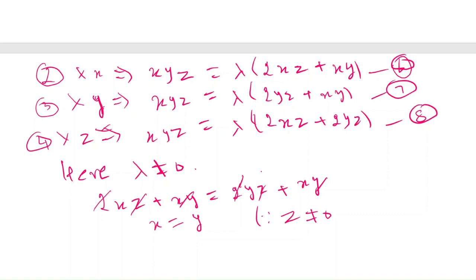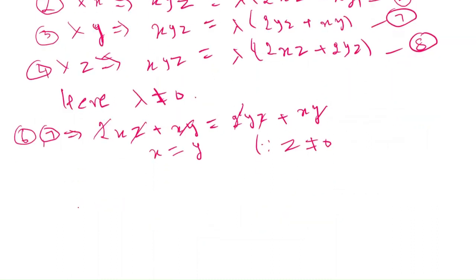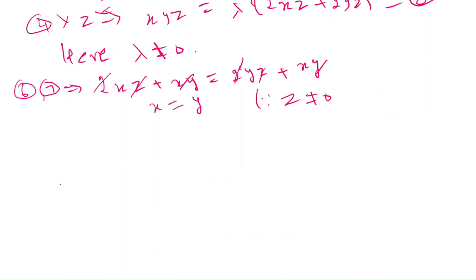So from 6 and 7, both are equal, and from that we have derived this. Similarly from 7 and 8, the left hand side is same, so right hand side must be same.